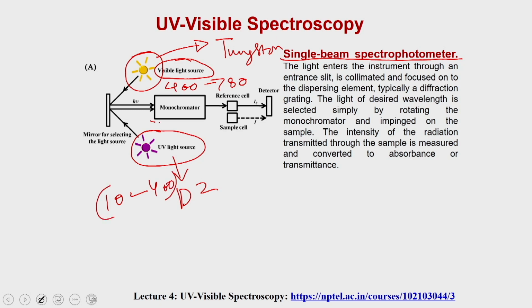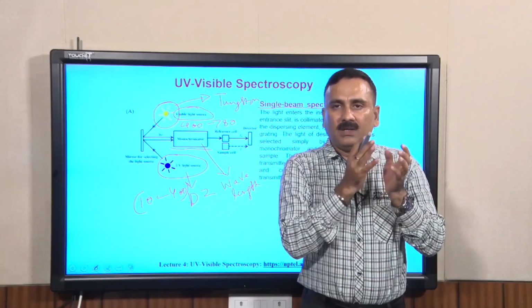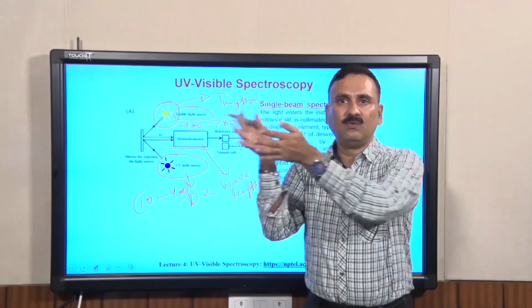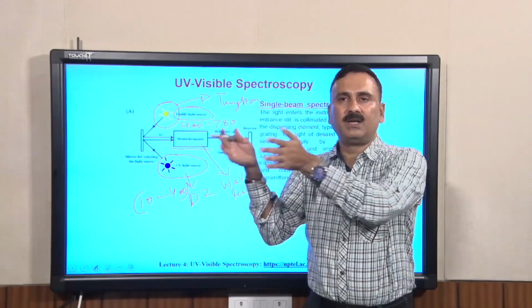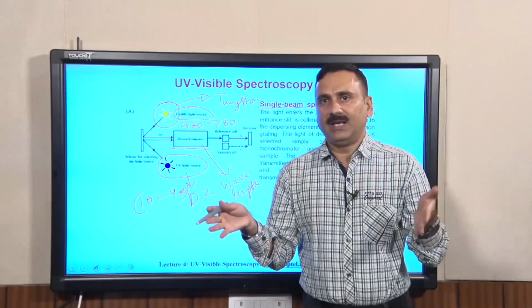Next to that you are going to have a monochromator. The monochromator gives you the flexibility to use a particular wavelength, or a set of wavelengths. It can scan or give you a range of 190 to 400 or 400 to 600, or whatever range you would like to select.